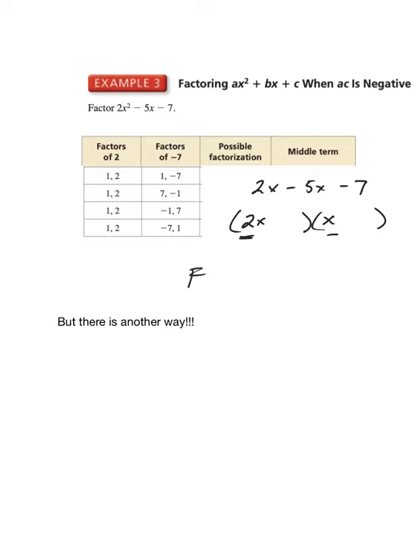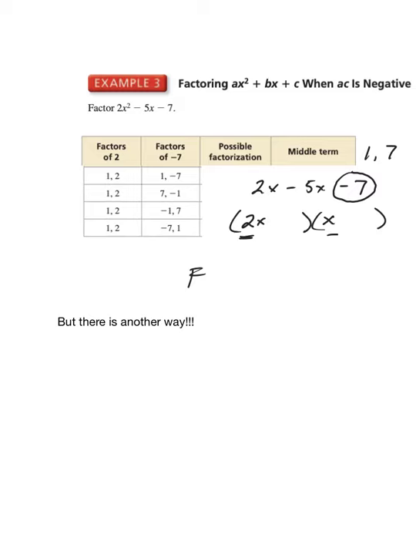Now, tricky part is I need 2 numbers that multiply to -7. Well, there's really only one way to multiply to get 7. You got 1 and 7. One would need to be positive, and the other one would need to be negative.